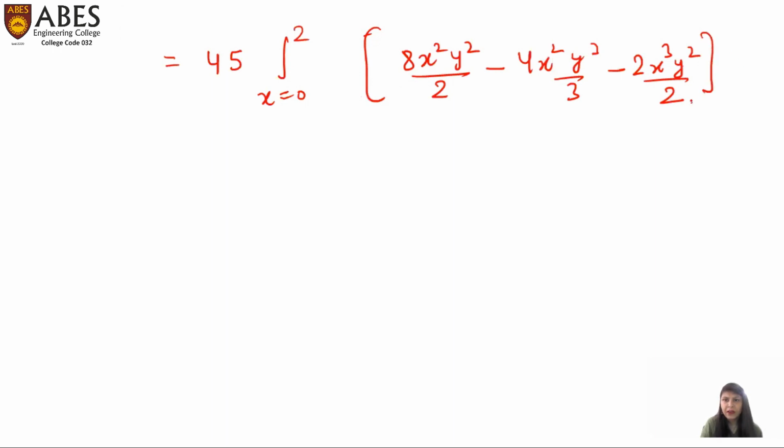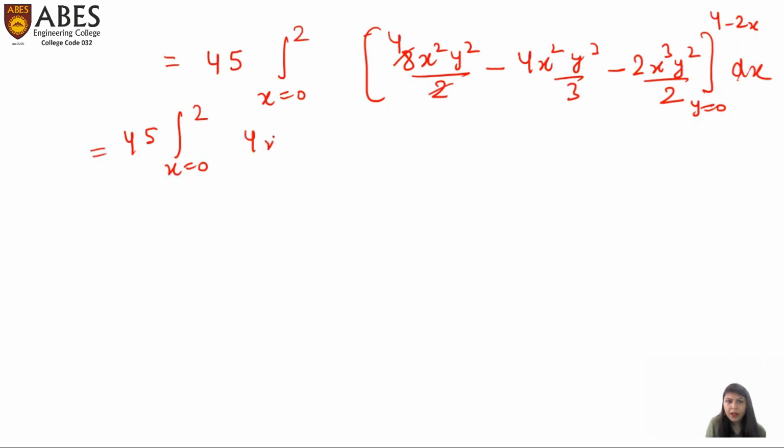So just writing y equals 0 to 4 minus 2x and dx, so 45, x equals 0 to 2. Now we have to put the value of y. 4x square, and the value of y is 4 minus 2x whole square. We just put the value y equals 4 minus 2x.